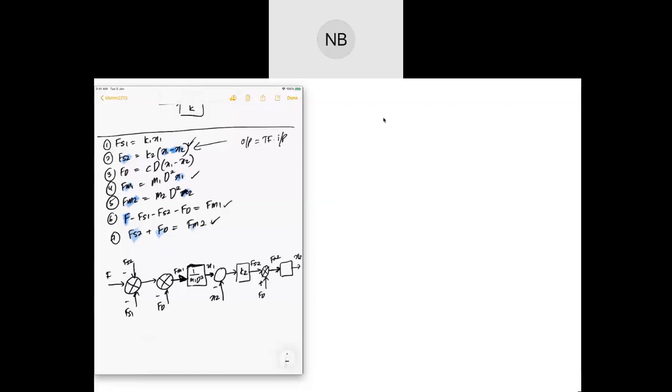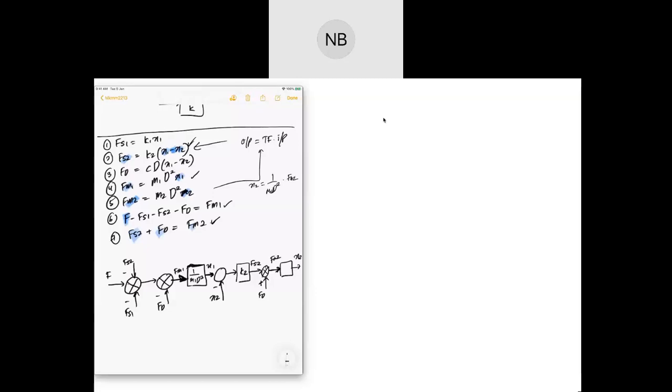You need to follow the transfer function form here. Therefore, you need to rewrite the equation so that x2 equals 1 over m2d squared multiplied by your input, which is fm2.